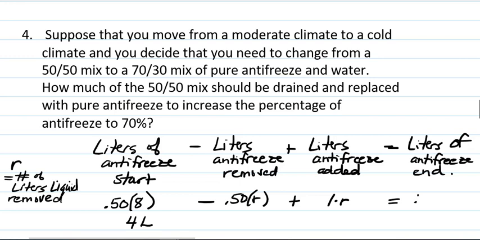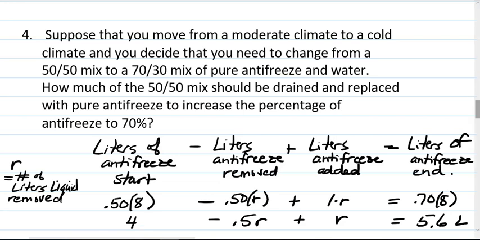So 70% of the 8 liters of liquid is going to be antifreeze. So we have 4 liters minus 0.5 R liters plus R liters is going to be equal to, and remember that turned out to be 5.6 liters of antifreeze out of that 8 liters total of liquid in the engine. I'm going to erase the L so it's a little more clear.